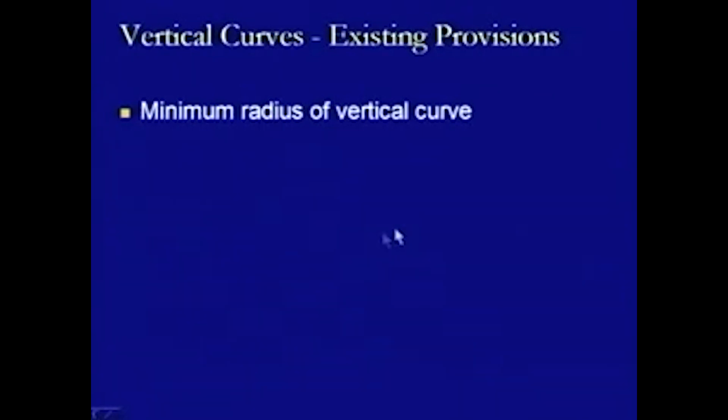There are some other provisions which have come up, and the existing provisions in the case of vertical curves we will be looking at now. The minimum radius of the vertical curve has been defined already, on the basis of the gauge as well as the route on that gauge.